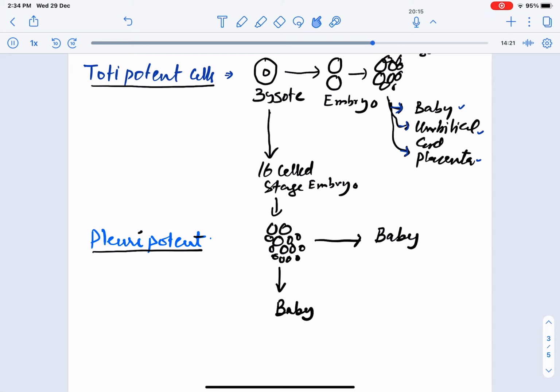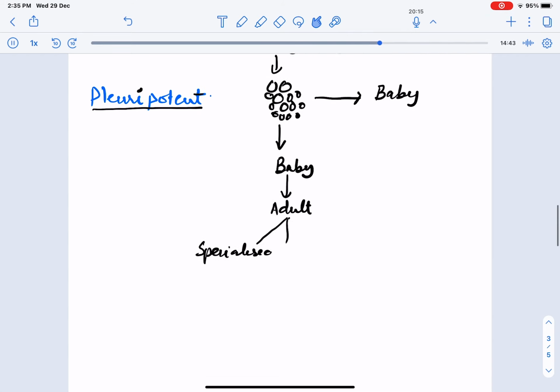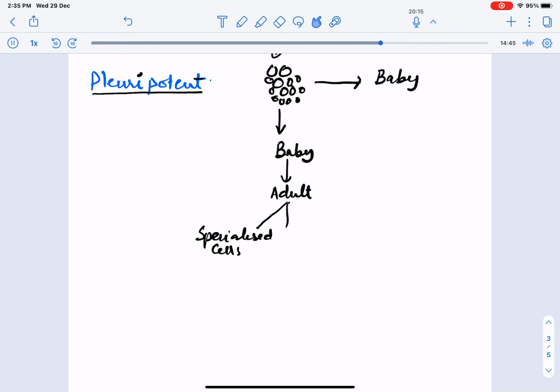In the baby that develops into an adult later on, many cells in the body lose the ability to divide. They become specialized cells, which have lost the ability to divide.